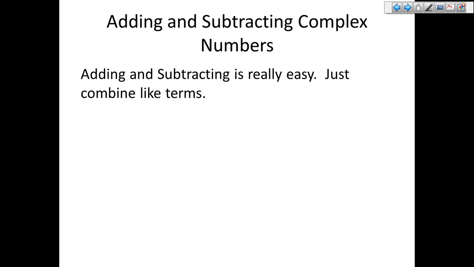Okay, so let's talk about something a lot easier. Adding and subtracting complex numbers is ridiculously easy. All we do is combine like terms. So if we have 3 minus 2i plus negative 1 plus 3i, we're just going to take the 3 and add the negative 1. We'll get 2.